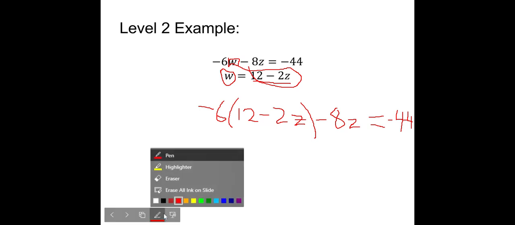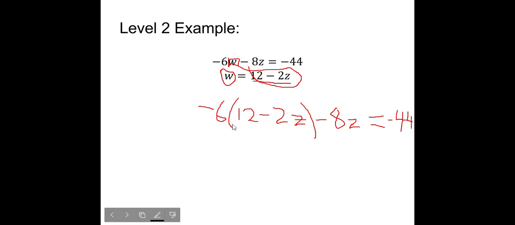All right. So the first thing we're gonna want to do is distribute this -6 to everything else in the parentheses. So -6 times 12 and -6 times -2z. So we should have -72, -6 times 12, minus, but because it's -6 times -2z, it's actually going to end up plus 12z.